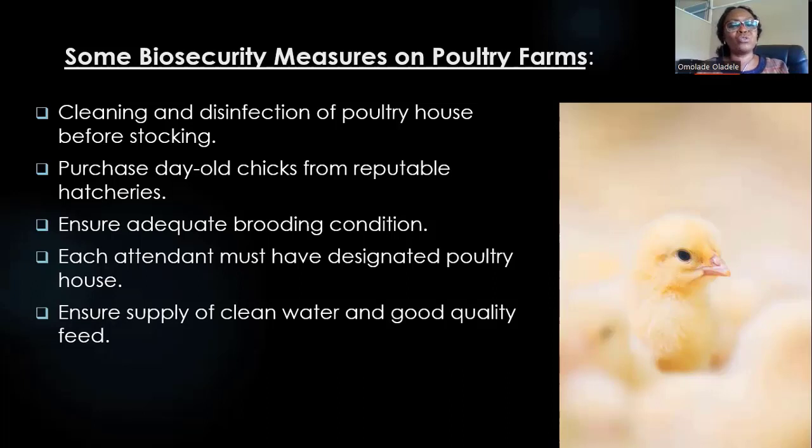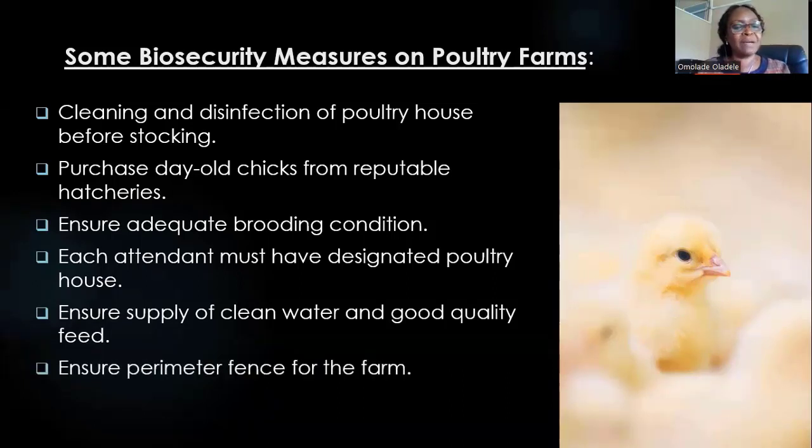Now, you need to ensure supply of clean water and good quality feed, like I said earlier, that are not contaminated. Perimeter fencing is very important for every farm. You might say it's expensive, but in the long run, it's not so expensive. First of all, it keeps rodents away as much as possible. It might not be all, but it will limit the load of rodents on the farm.